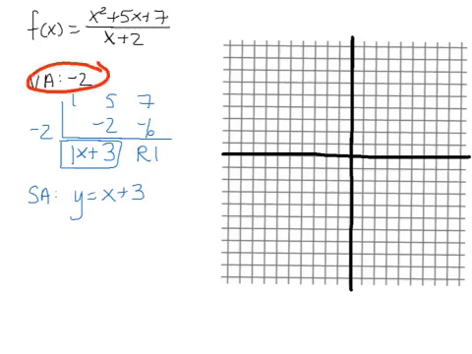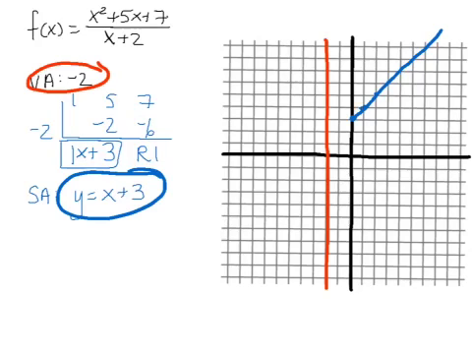It's -2. We know that our slant, let me do that in blue, goes up 1 over 1, up 1 over 1, from 3. So this goes to there. So how do we graph this?